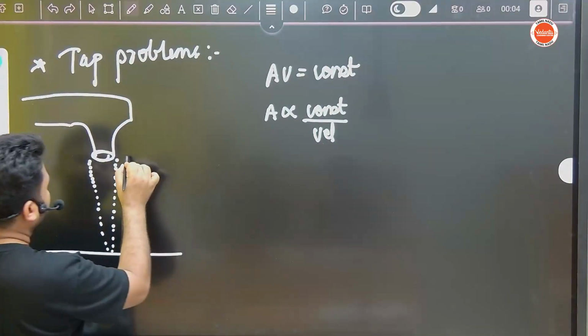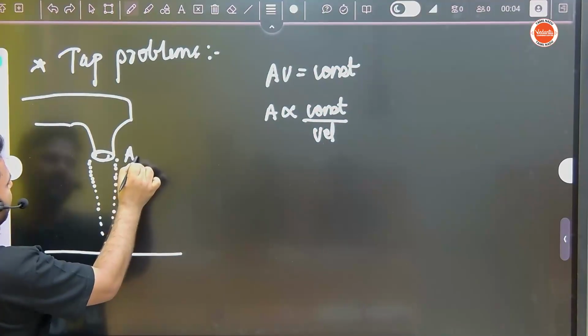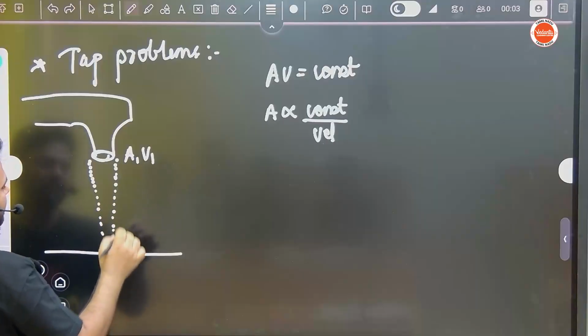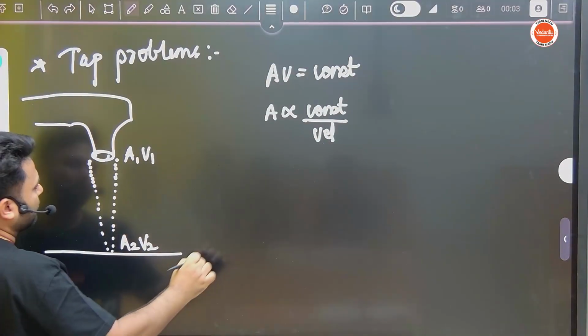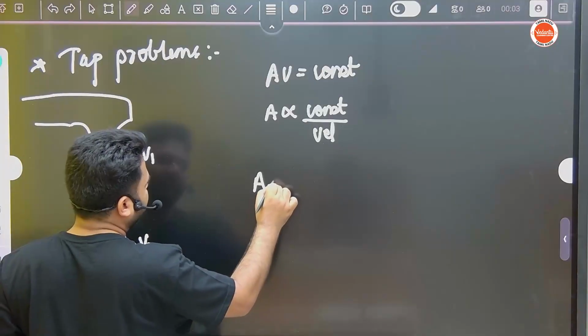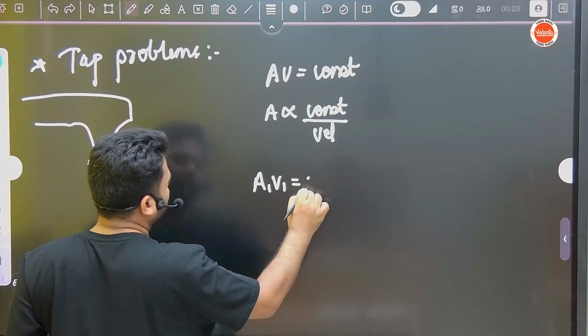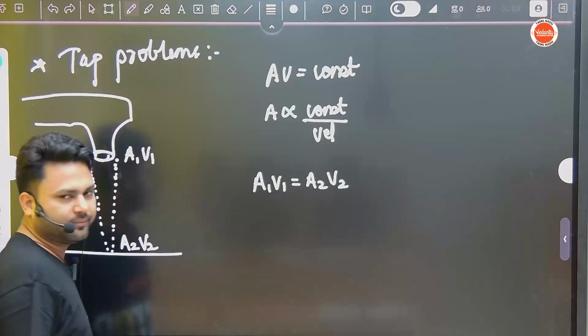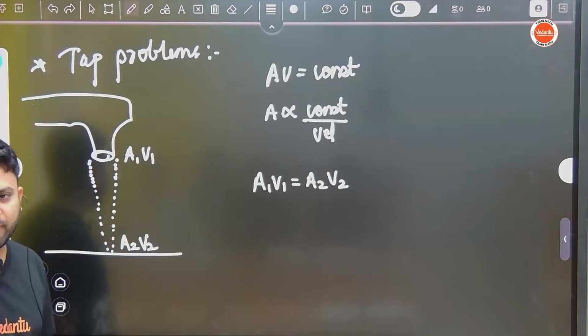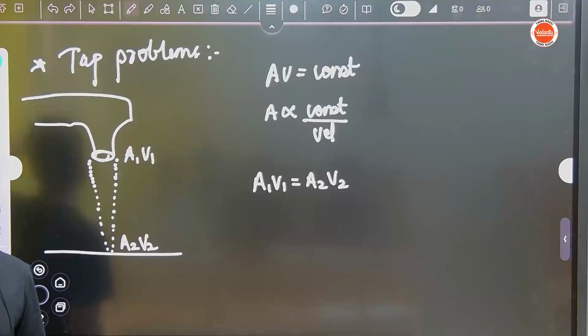Suppose here the area is A1 and the velocity of the fluid is V1. Here the area is A2 and the velocity is V2. What can we write? A1 V1 equals A2 V2. So for tap problems, you write this equation. And one more equation, you remember V square minus U square equals 2AS.